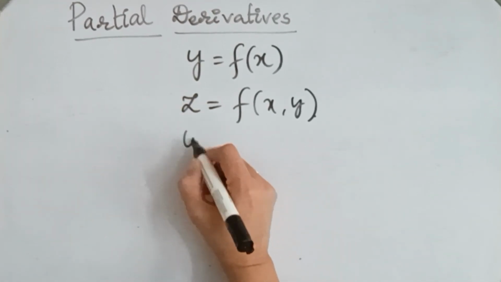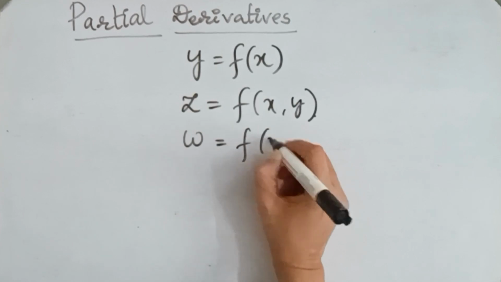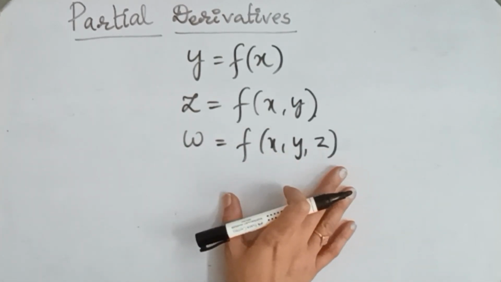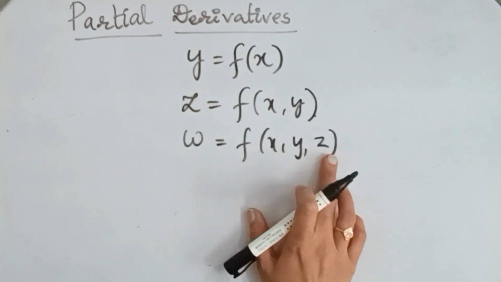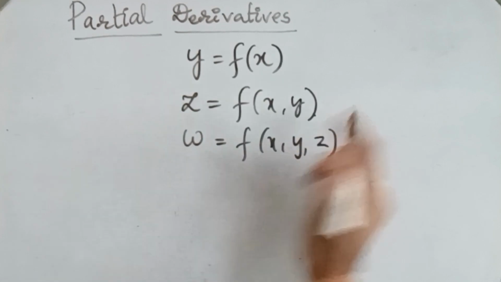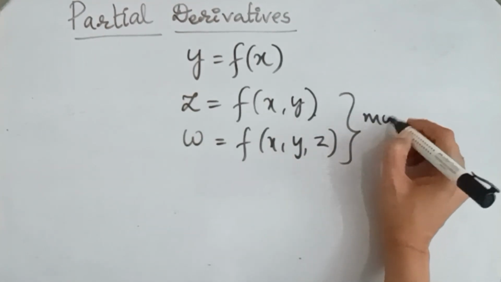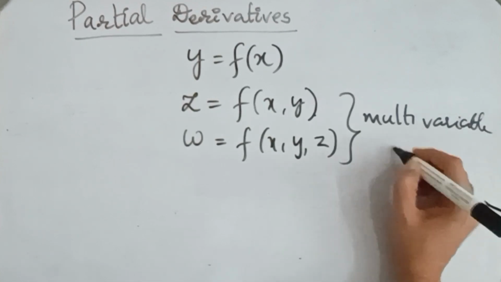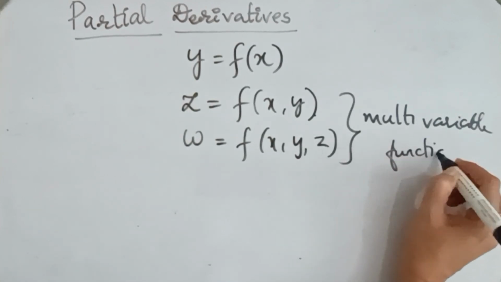Similarly, if you have w equal to f of x comma y comma z, then this is a three variable function where there are three independent variables and one dependent variable w. All these functions come under multi-variable functions because there is more than one independent variable.